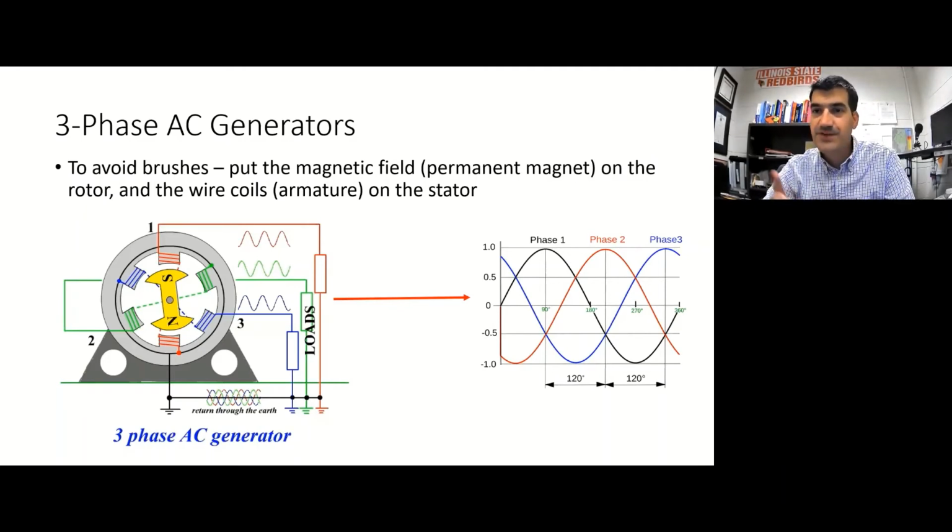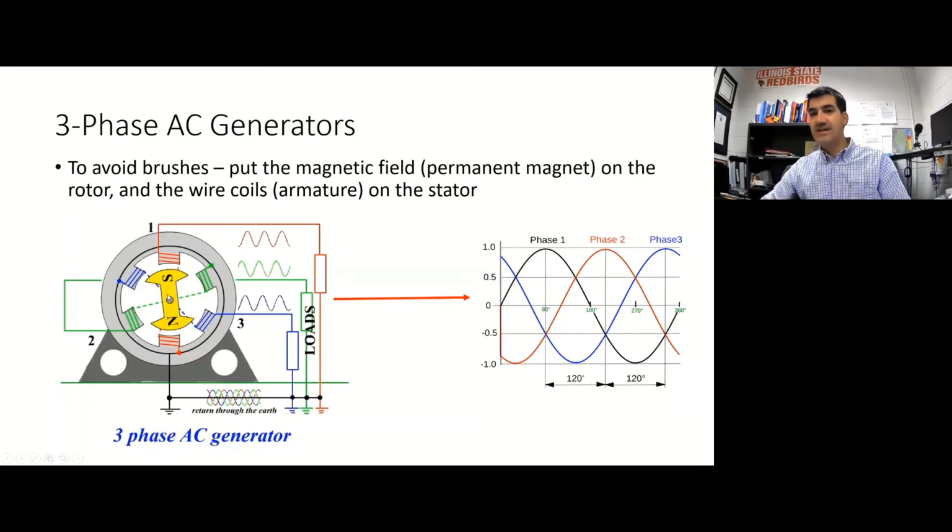All right, I will add a little bit more to this. There's a downside to this. The downside is that if I use a permanent magnet like this, then the magnetic field strength is fixed. I can't change the magnetic field strength of this permanent magnet.